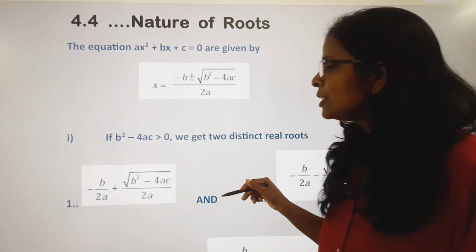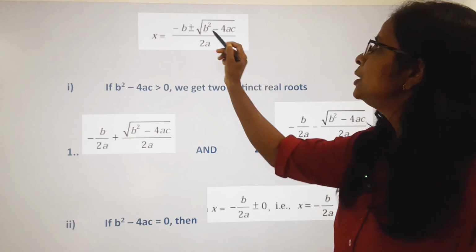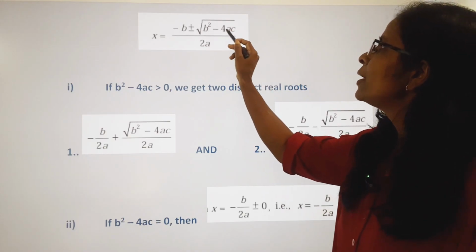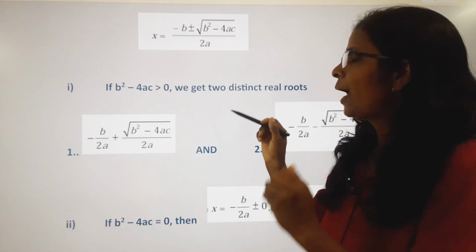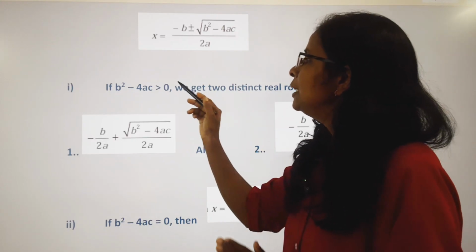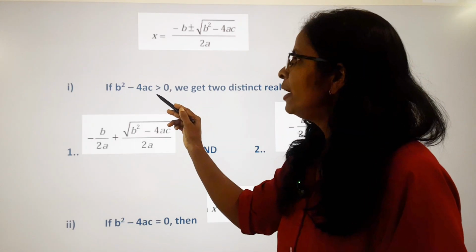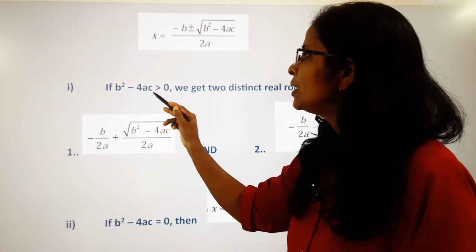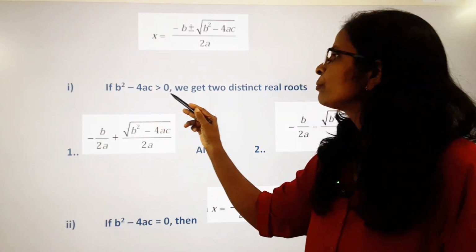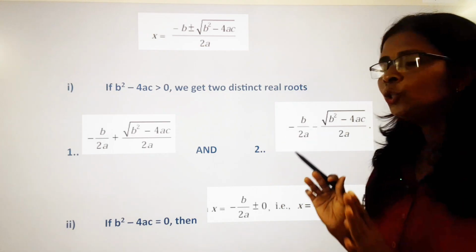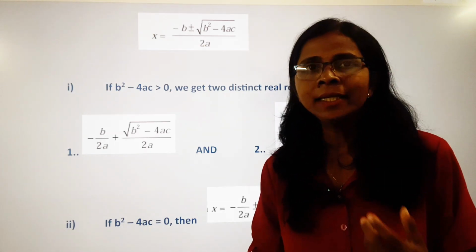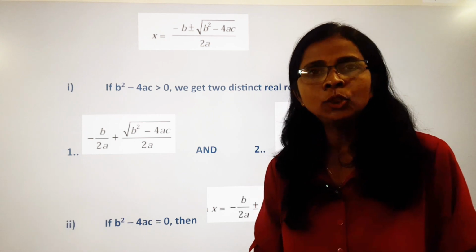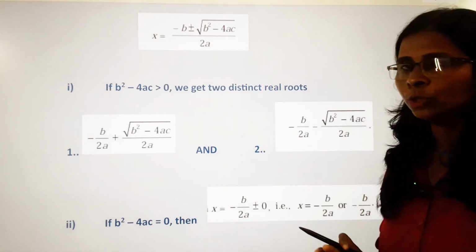Now here the first condition: take b² - 4ac, and if you find the value of b² - 4ac is greater than 0, then you can say that the quadratic equation has two distinct real roots.